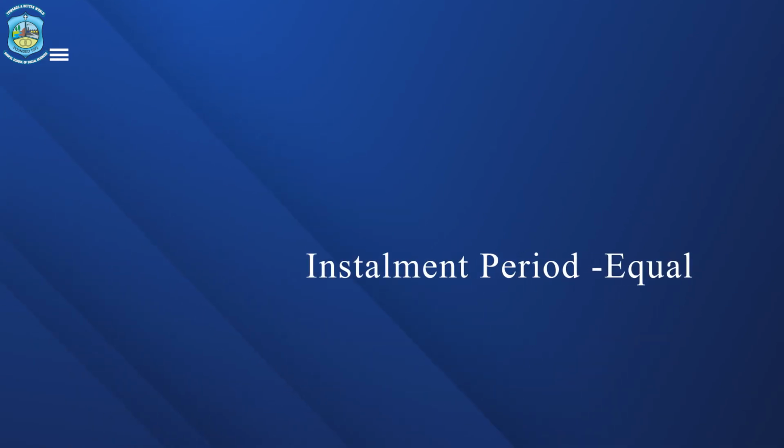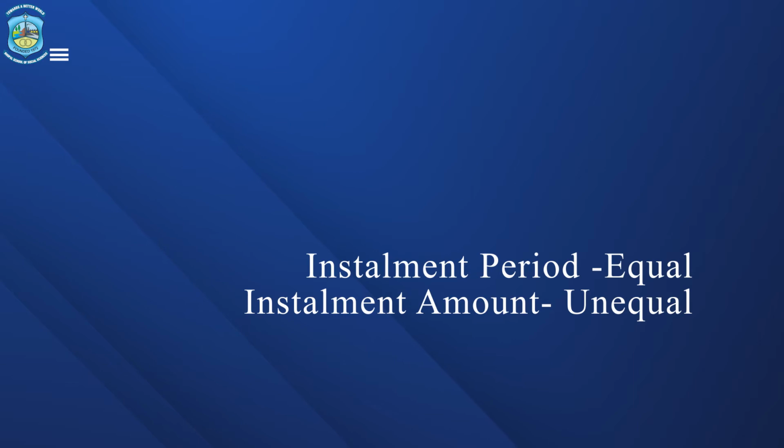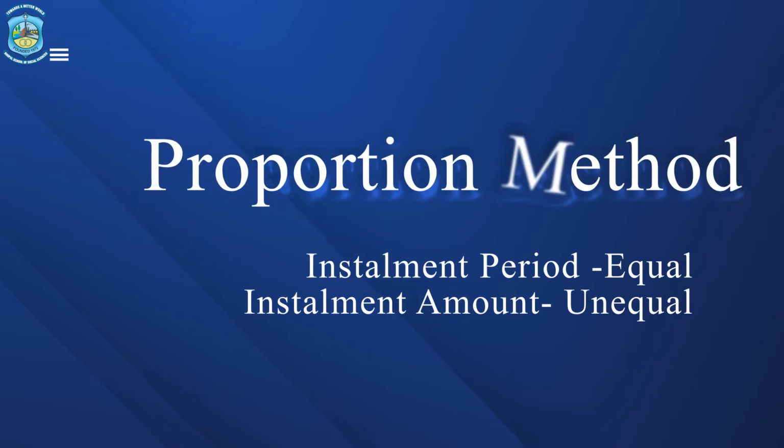Correct? If the periods are equal, that is the time period between the payment of each installment is equal, say it is quarterly or monthly or maybe annually, but the amounts of installments are unequal, go for proportion method. I repeat, when the time period is equal but the amounts of installments are unequal, go for proportion method.